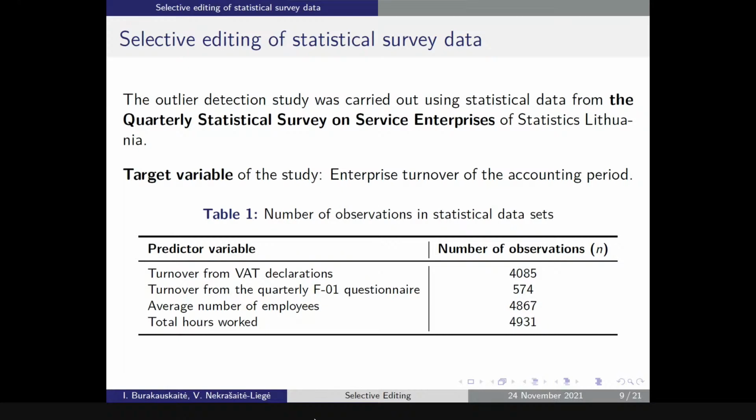I mean, they did not consist of missing values. Today I'm going to talk about 2 predictor variables, that is turnover from value-added tax declarations and total hours worked.